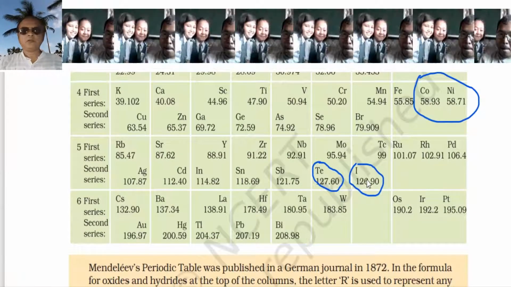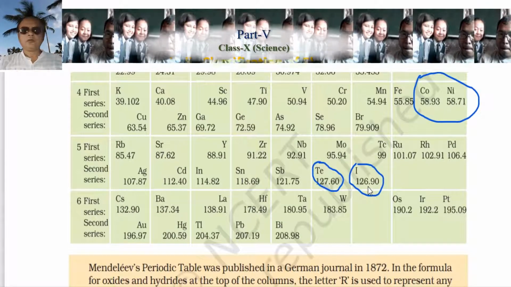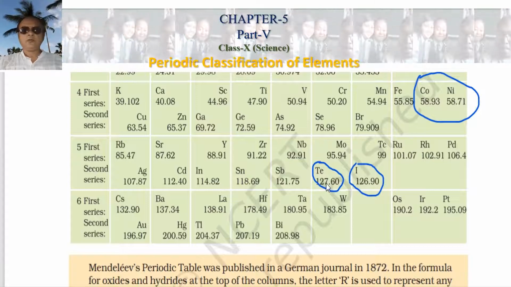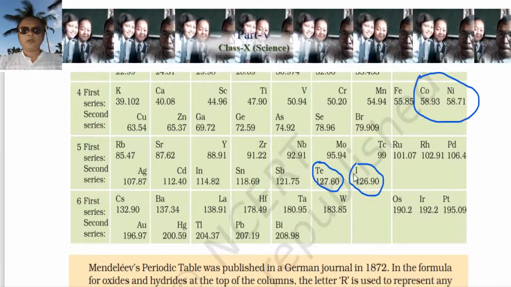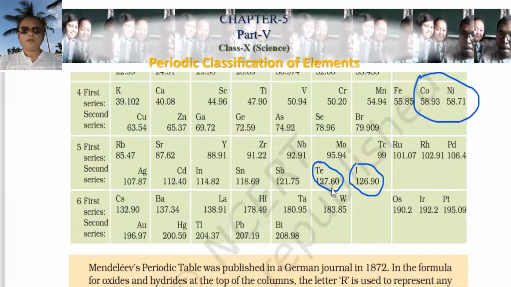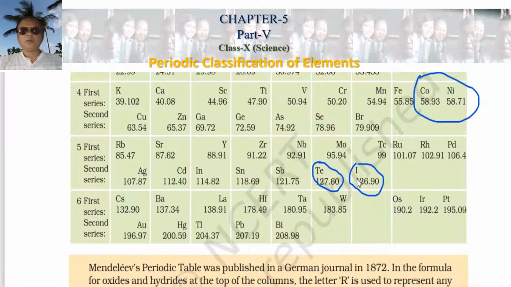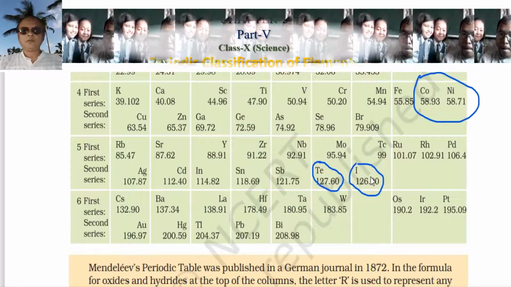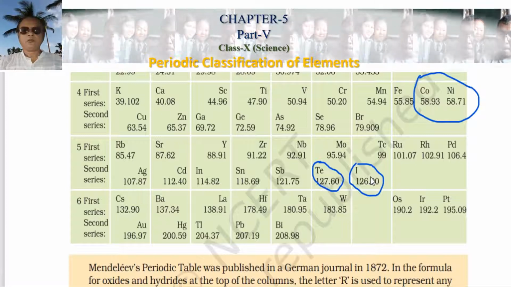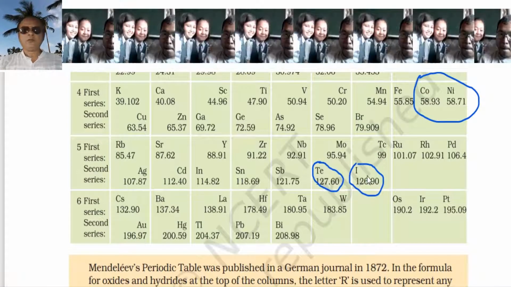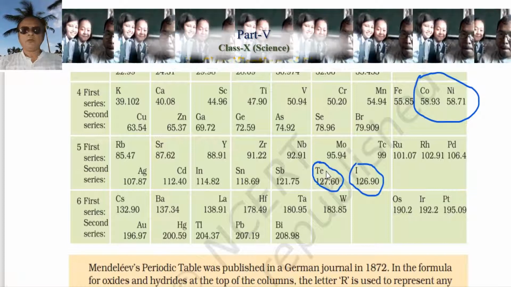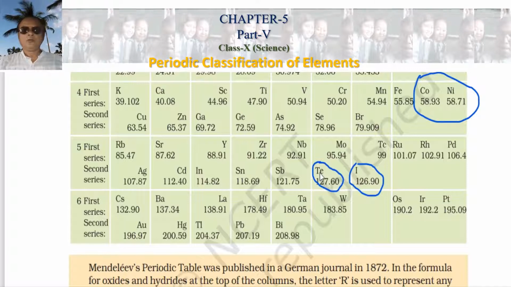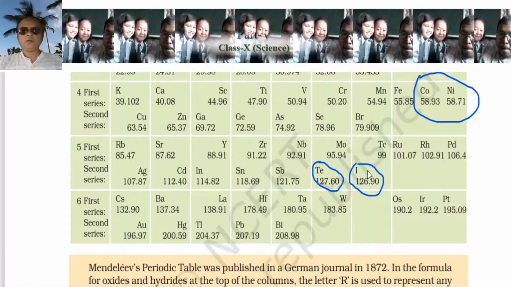Iodine's atomic mass is less than tellurium's, which violates the periodicity of Mendeleev's periodic table. According to Mendeleev's periodic table, properties were a periodic function of atomic mass. So if you go across the period of the table, it should increase, not decrease.